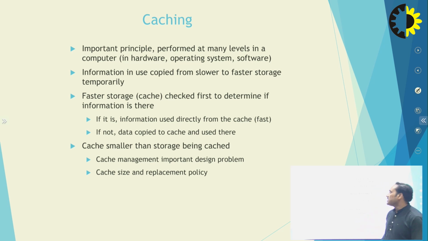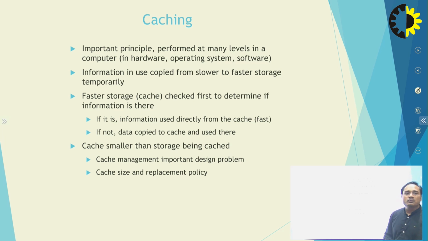Now what is caching? Caching is an important principle performed at many levels in a computer system. The computer system stores the data in a local area, that is called cache. In hardware, operating system and software, caching works in the operating system.